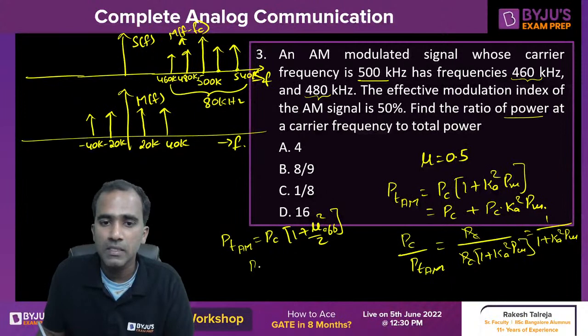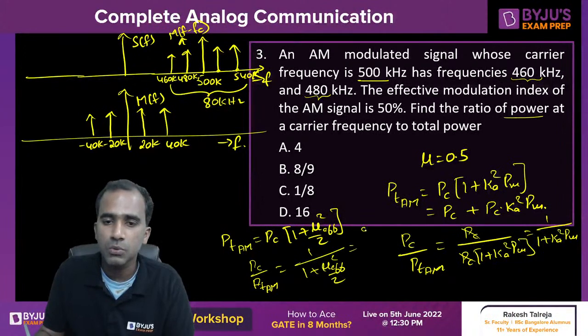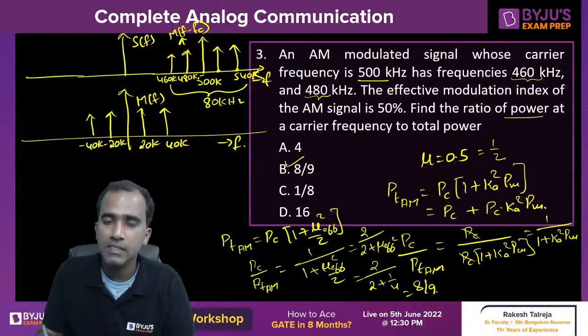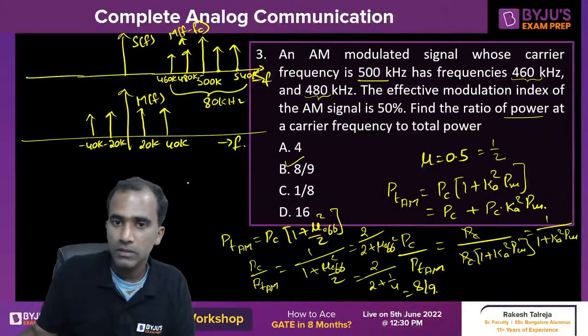So PC divided by total power is 1 divided by 1 plus mu effective square by 2, which is 2 divided by 2 plus mu effective square, and we know mu is 0.5 or 1 by 2. So 2 divided by 2 plus 1 by 2 whole square, which is 1 by 4, equals 8 by 9. The answer is 8 by 9. Very good.